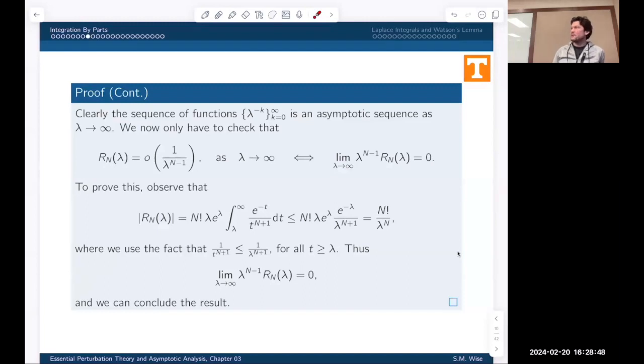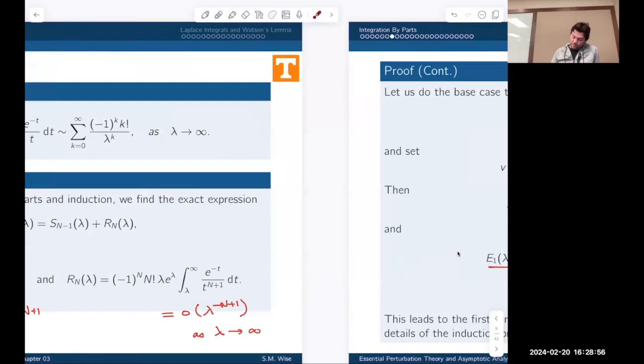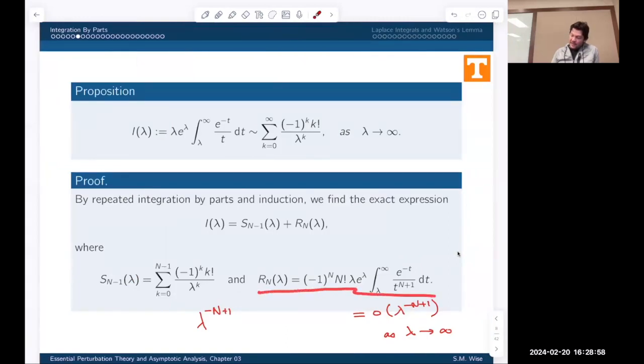Let's do some estimation with our remainder term. Remember what our remainder term looked like. It was kind of awful looking, with all this business in it. If I take the absolute value, of course, that goes away. Can't do anything with absolute values with that, but they're nice and positive. Take absolute values of this integral, that can come inside.